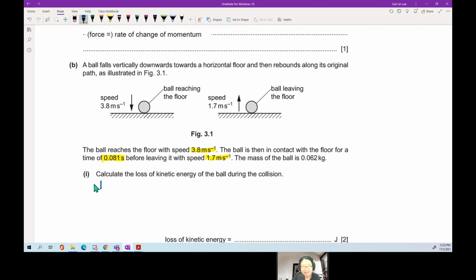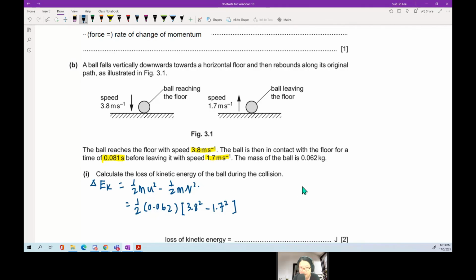Well, you see, in physics, we concern ourselves with change more than the absolute value. Anyway, I'll take half mu square minus half mv square because I just want the loss. So half, what's the mass of our ball? 0.062. u square is 3.8 square minus 1.7 square.